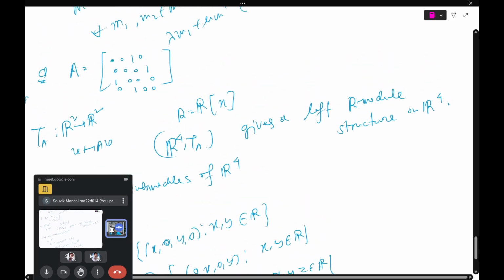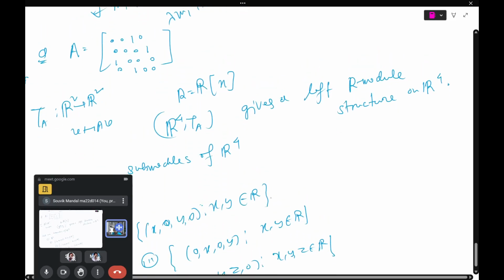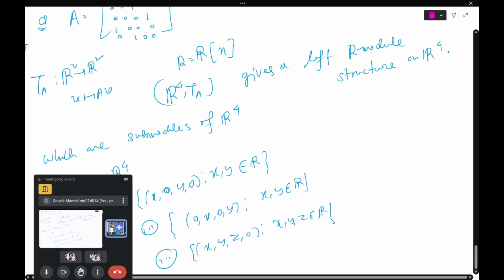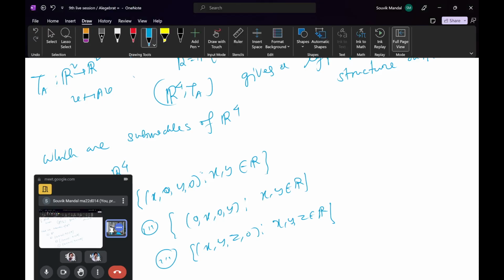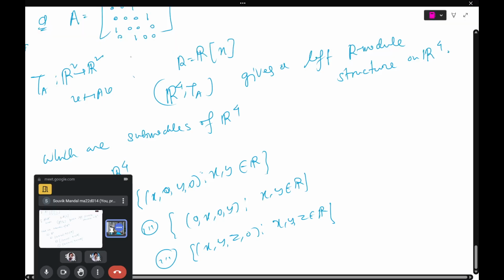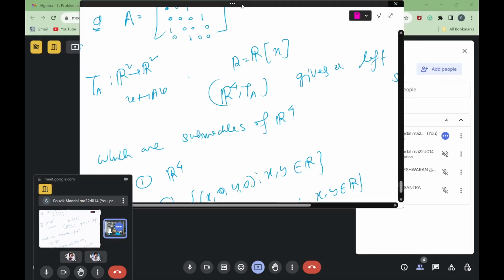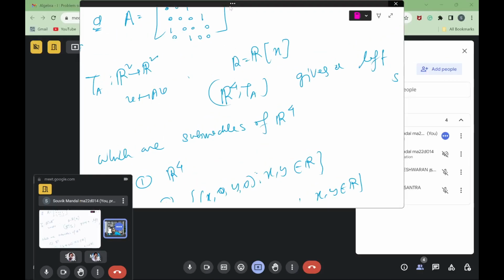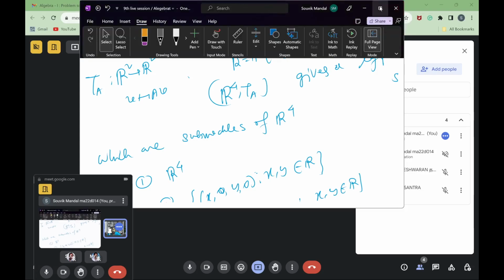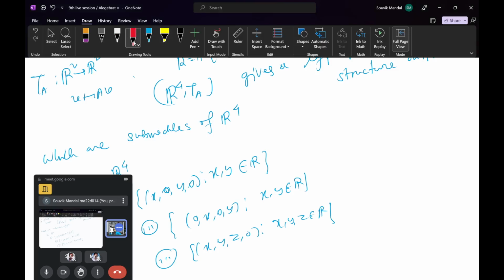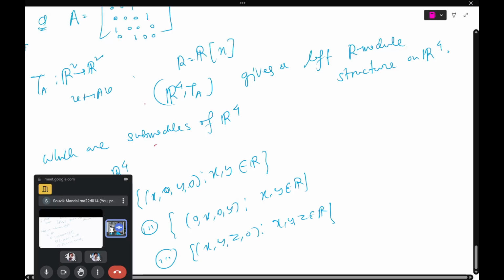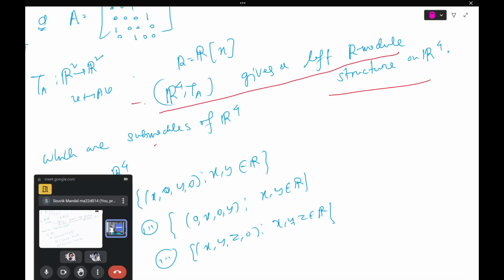Okay, so first let me explain the question. A is given to be the matrix, and we have some linear transformation. Now first tell me, do you understand what it means that R^4, T_A gives the left R[x]-module structure on R^4?